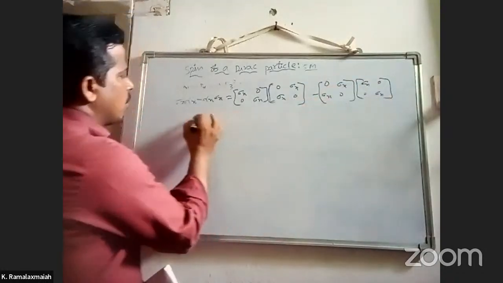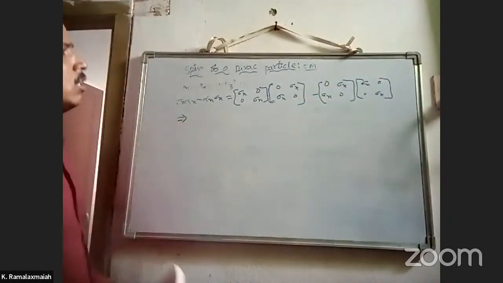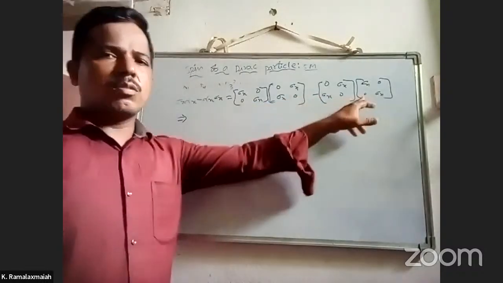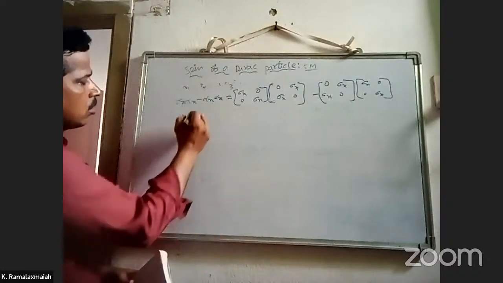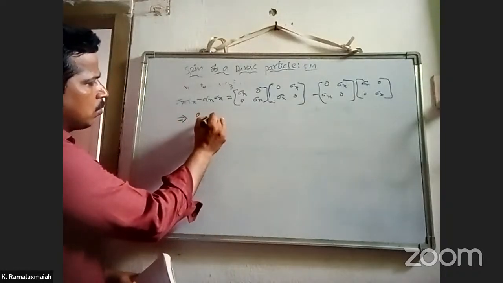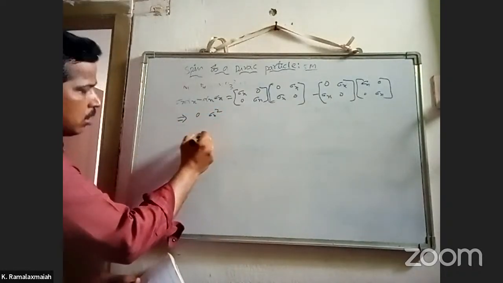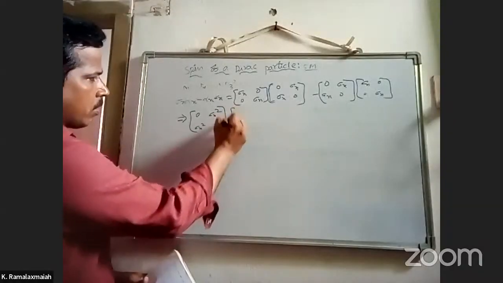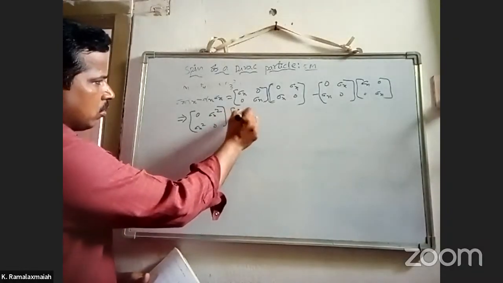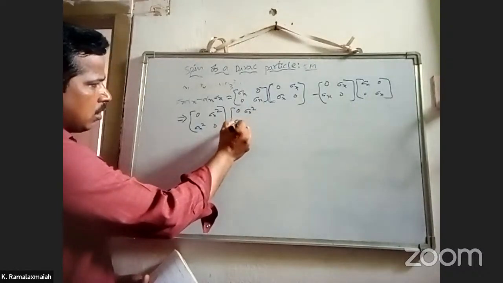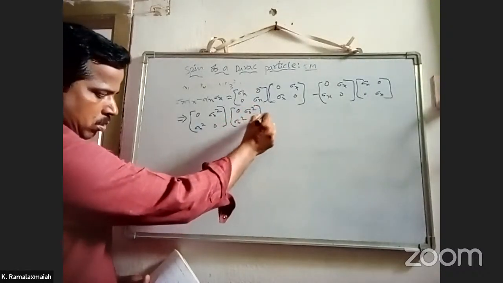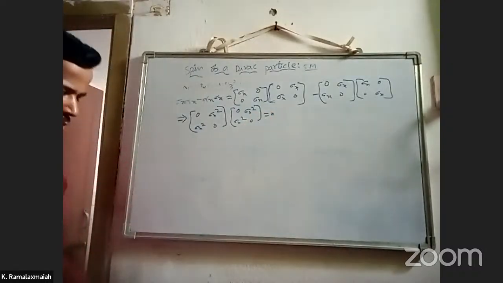This also came from the formula finally. Multiply this value and this value. After that your calculation gives 0 σx², σx² 0 minus 0 σx², σx² 0, which equals 0.